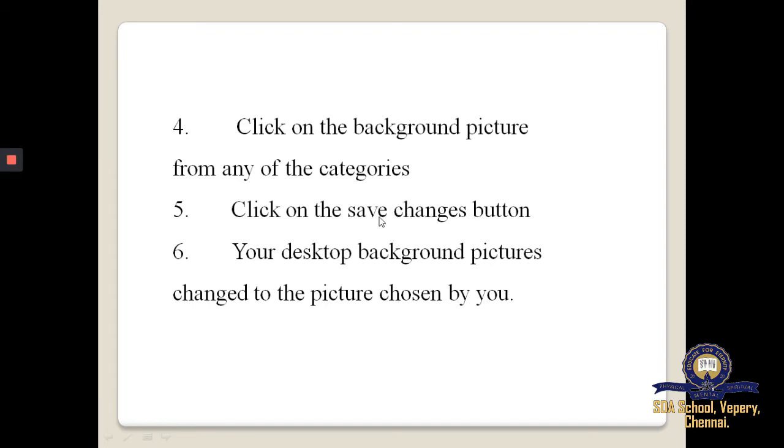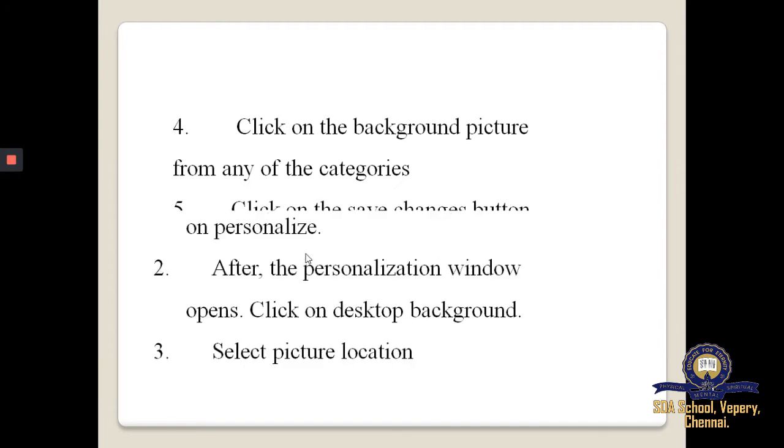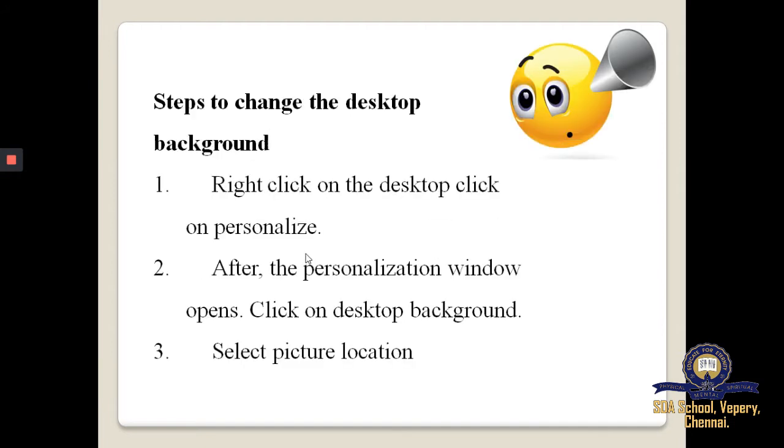If you try a Windows 10 operating system, it doesn't have this Save Changes option. It automatically changes the screen. The last step is that the desktop background picture changes to the picture chosen by you. These are the 6 steps to change the desktop background.